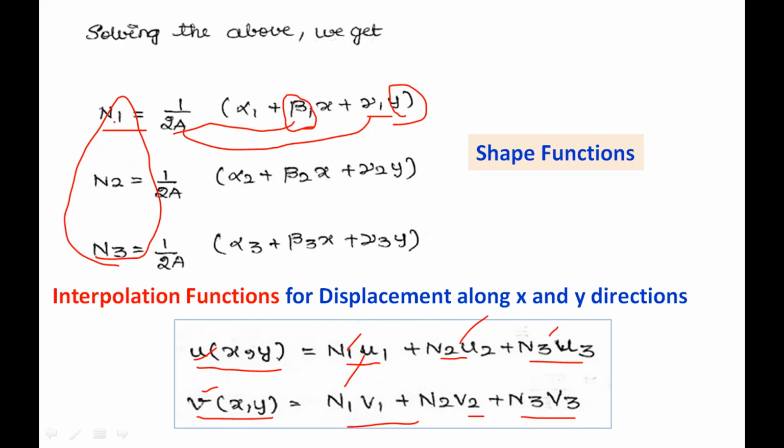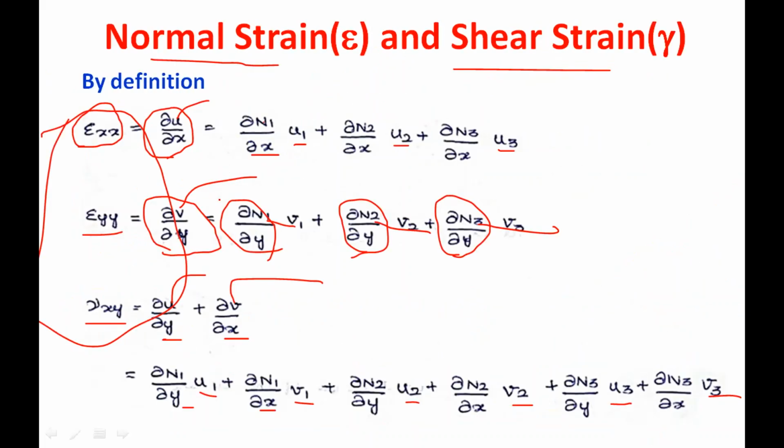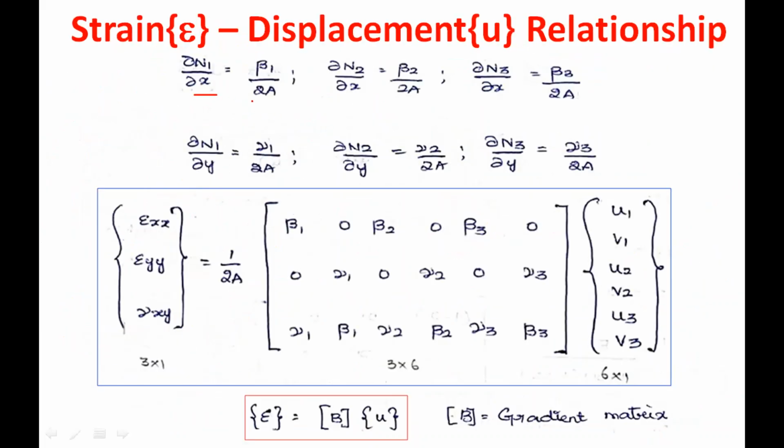So dou n1 by dou x is equal to beta 1 by 2a, dou n1 by dou y equal to gamma 1 by 2a. Similarly, dou n2, dou n3 we can find out. That is what is written here. Dou n1 by dou x equal to beta 1 by 2a, dou n2 beta 2 by 2a, n3 beta 3 by 2a. Similarly, for dou n1 by dou y, we will get gamma 1 by 2a, dou n2 by dou y, gamma 2 by 2a, dou n3 by dou y, gamma 3 by 2a.